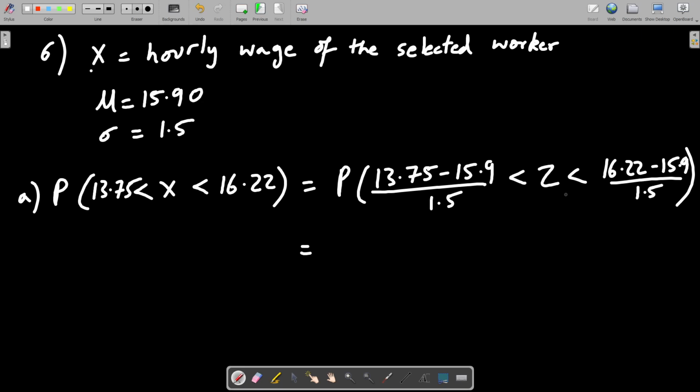Let me just do this on a calculator fast. 13.75 minus 15.9 divided by 1.5 becomes minus 1.4333, so I rounded it to minus 1.43, and this is less than 16.22 minus 15.9 divided by 1.5, which is 0.2133, so it rounds to 0.21.